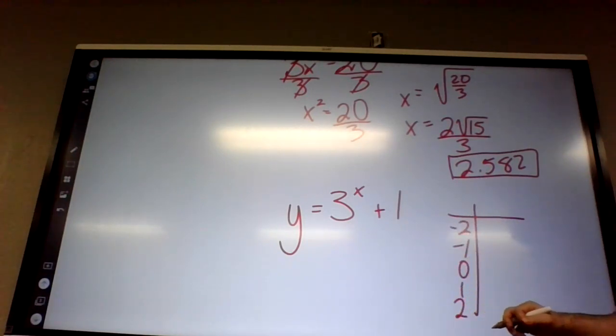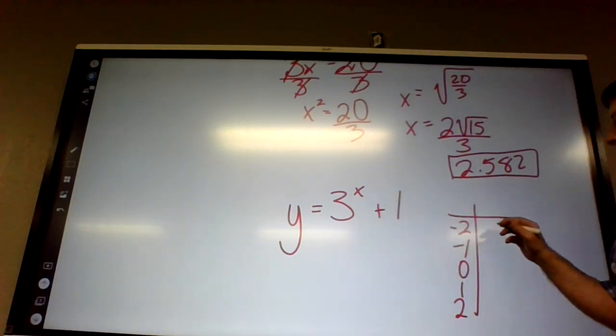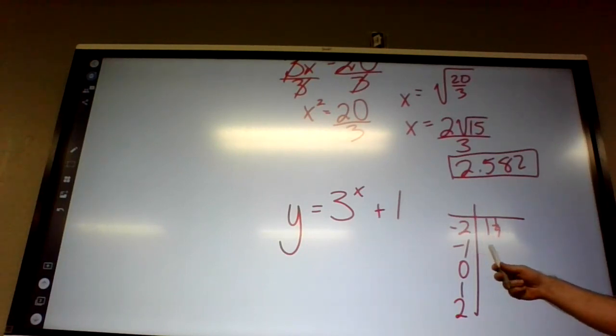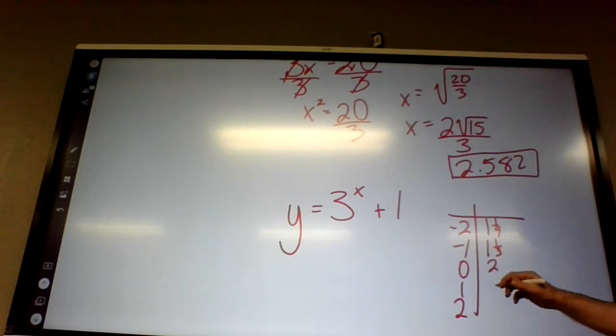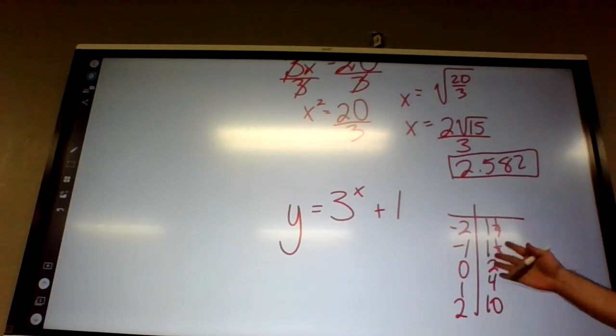Like -2 to 2. If I plug in -2, I would get 1 and 1/9, or a decimal, 1.1 repeating. And this would be like 1 and 1/3, and this would be like 2, and this would be 4, and this would be 10. And then there's a graph on the test, so you just graph those points.